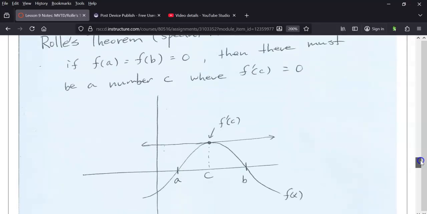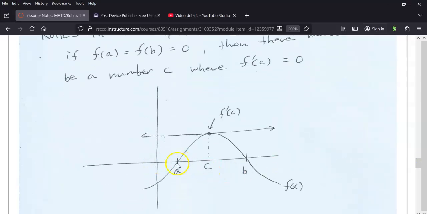It's the same thing, except the slope happens to be 0. If you look at this curve here, f of x, if f of a and f of b happen to be 0, in other words the intercepts, then the slope between these 2 points is going to be 0. So we're only looking at slope 0.